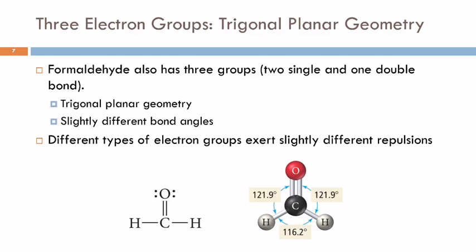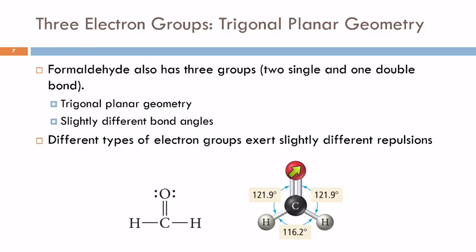Formaldehyde also has 3 groups. Here's its Lewis structure. 2 single bonds and 1 double bond. So that's 3 groups, and they're going to spread apart. But this double bond to oxygen is not exactly the same as the single bonds to hydrogen. This double bond is a little more repulsive than the single bonds.